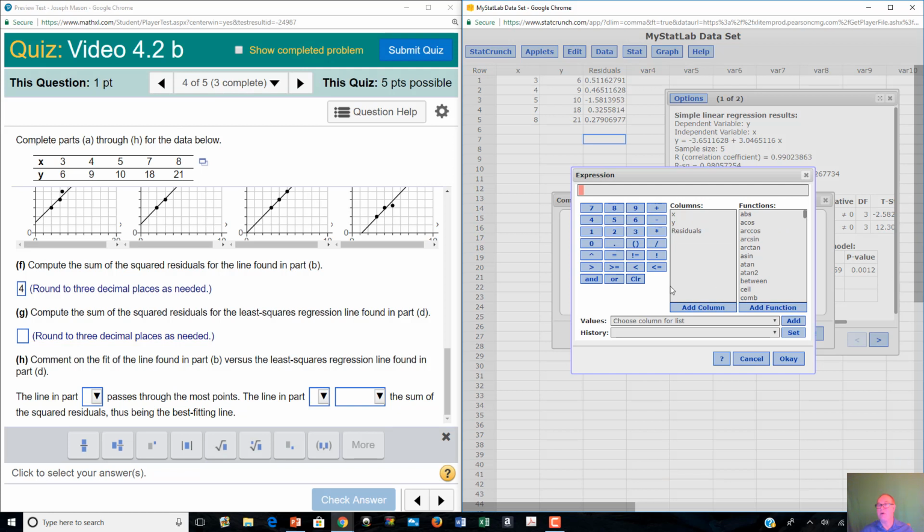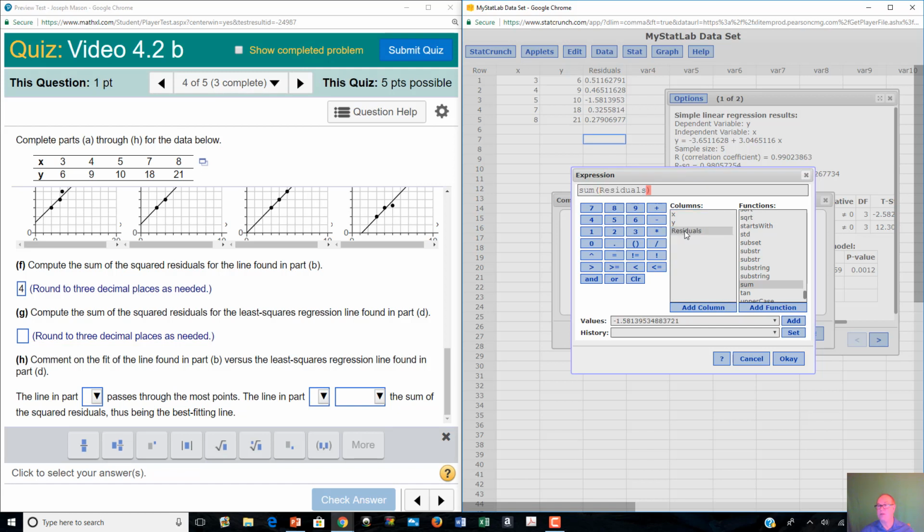Now what did I say I wanted? I want the sum of the squared residuals. So over here under functions, I scroll down until I find sum. There's sum. Double click, and you notice sum comes up here in the expression line. Now, what do I want the sum of? I want the sum of the residuals.